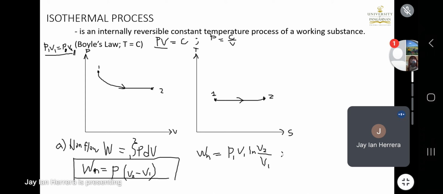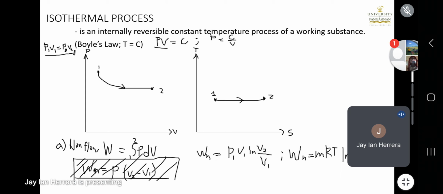Or we can also see, kalimutan nyo na to. This is applicable para for isometric and isobaric. We can also write work non-flow as mRT. Mapansin nyo, PV is constant natin. So, PV is equivalent natin sa mRT.